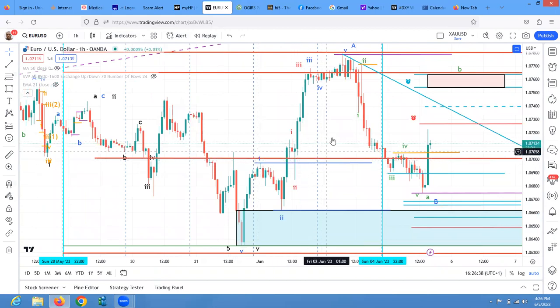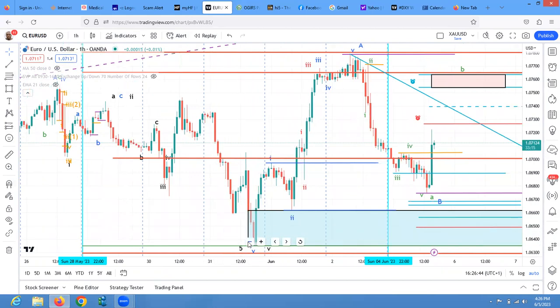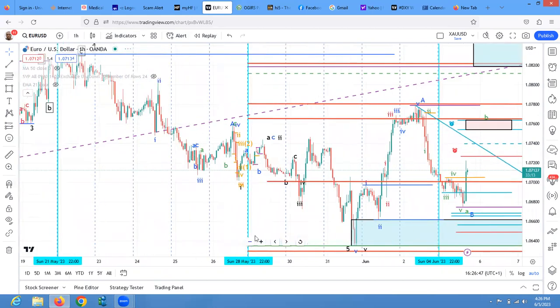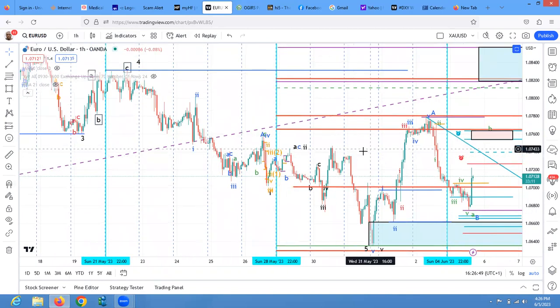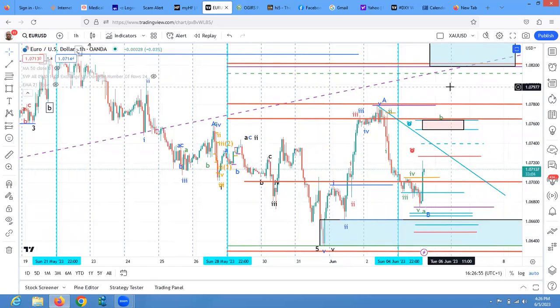Now, a question was asked of me, and this is why I'm trying to go over all of this. Now, we should expect an ABC correction. We've had 5 waves to the upside, and I won't say this is a 3-1.